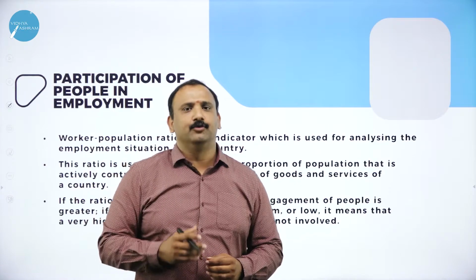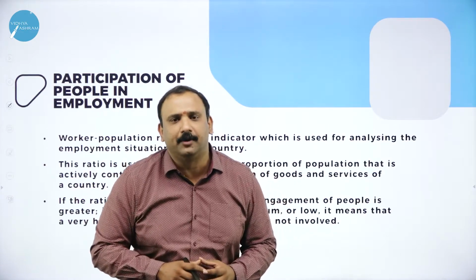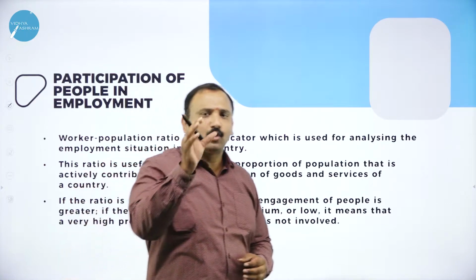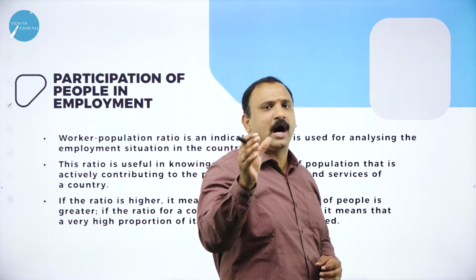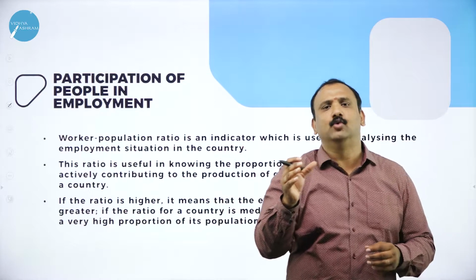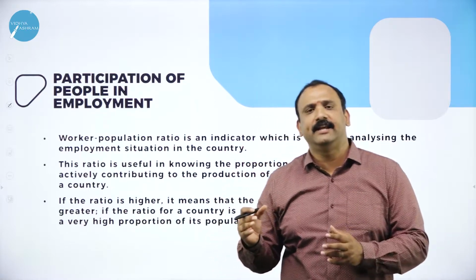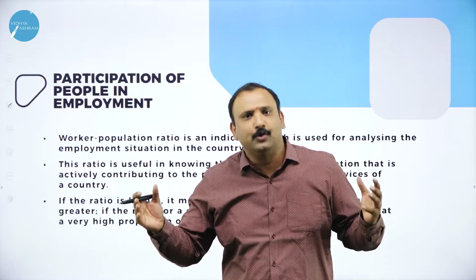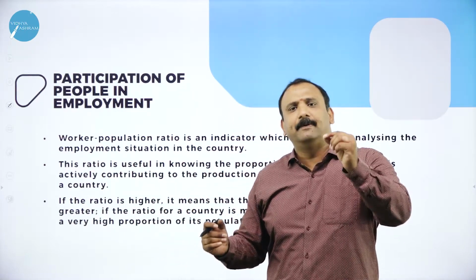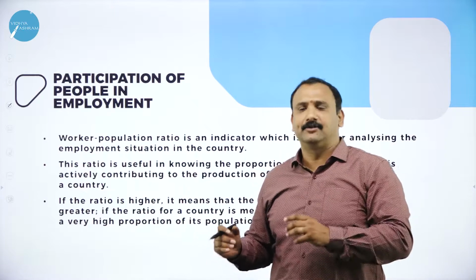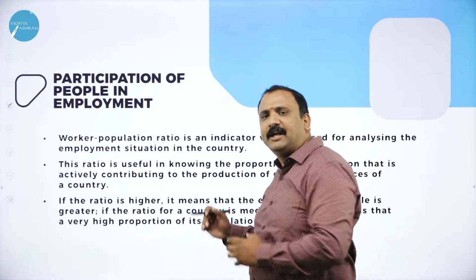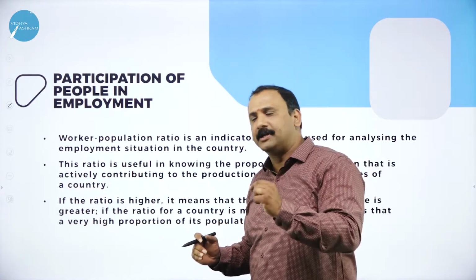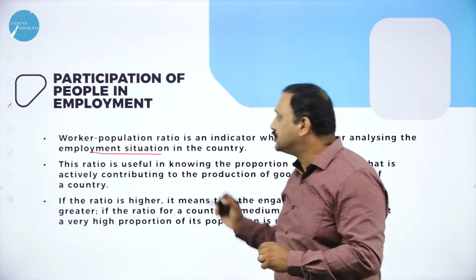So today, if you start understanding the worker population ratio, you will be surprised to see the total number of people who are actually working and who are not, which means that in a given population base of 138 crores in India, how many people are actually working? So that's where we get into the worker population ratio, which is a very important indicator in the employment situation.